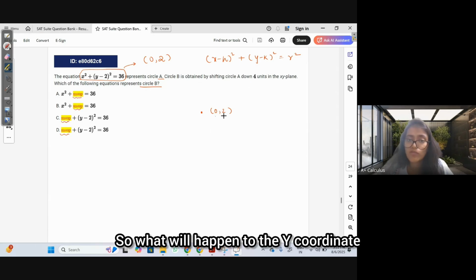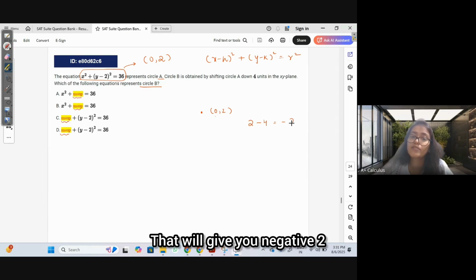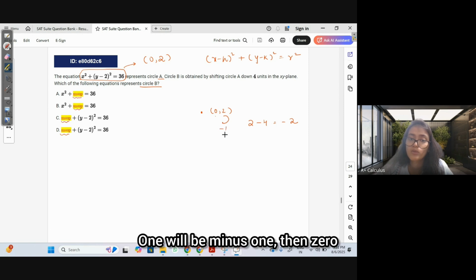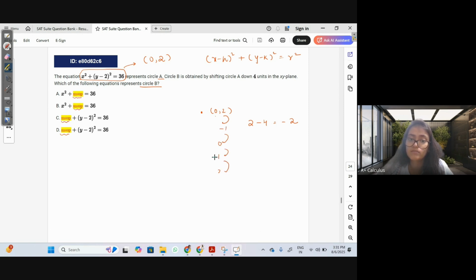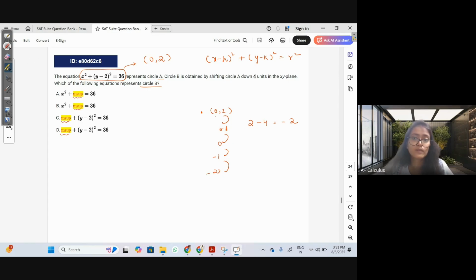So what will happen to the y coordinate? Well, you just have to do 2 minus 4, that will give you -2. Or you can count: 2, then 1, then 0, then -1 and -2.